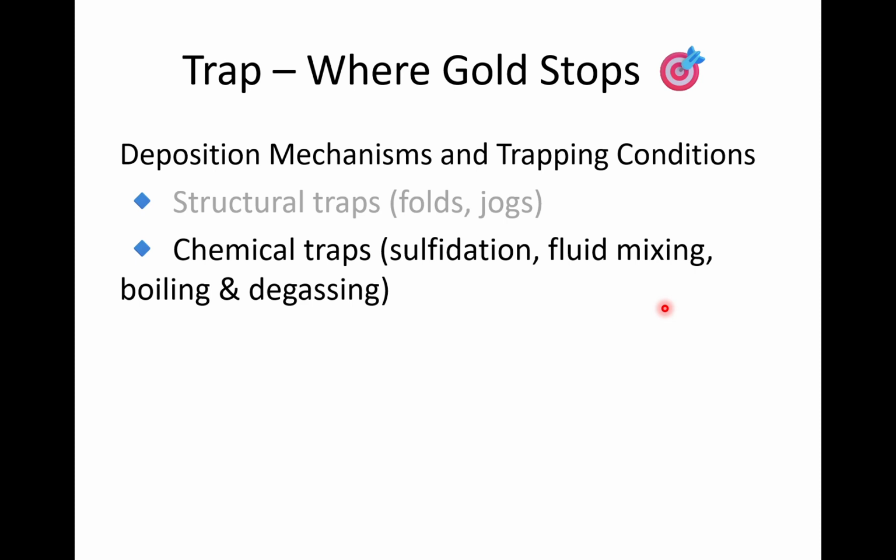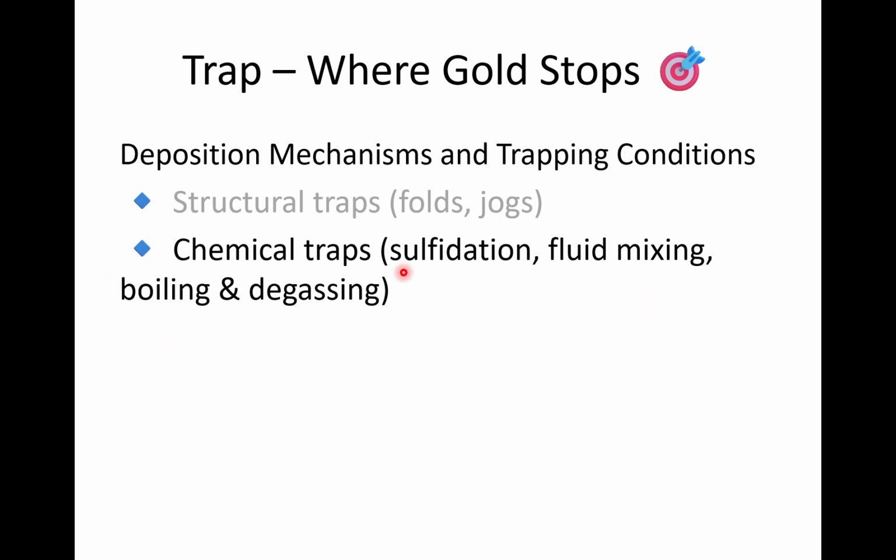For instance, in epithermal systems like Brucejack in BC, the infiltration of cooler meteoric water into magmatic fluids not only cooled the fluids but also likely raised their pH, causing gold and silver to precipitate.